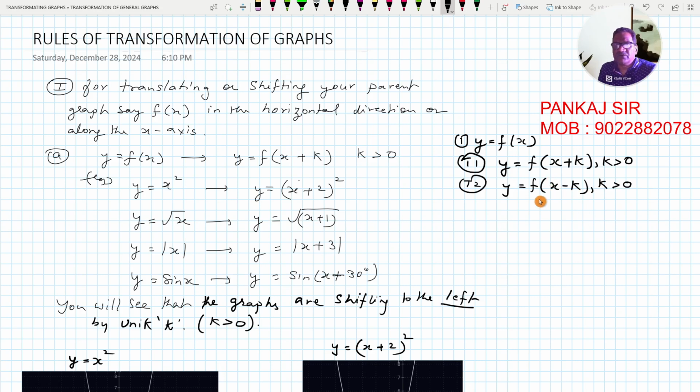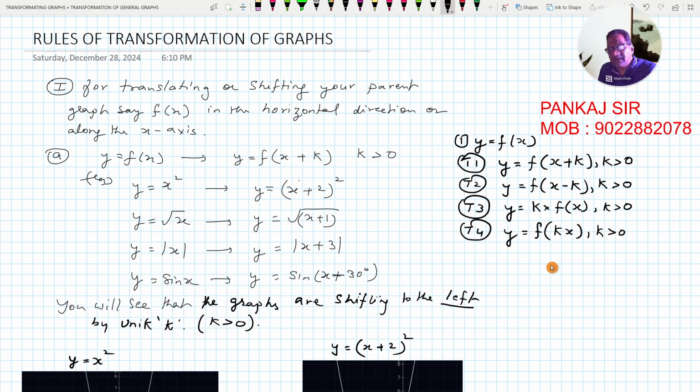These are the two types you can start with. Then the third one is y is equal to k times f of x, where again k is greater than 0, positive. The fourth kind of transformation is y is equal to f of k times x.